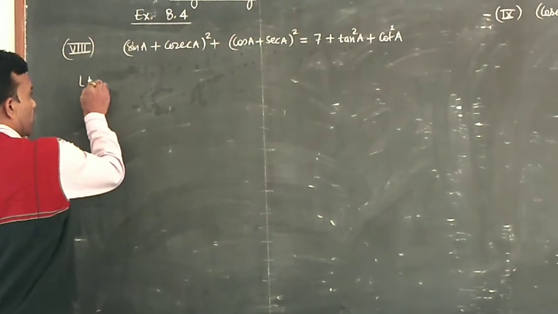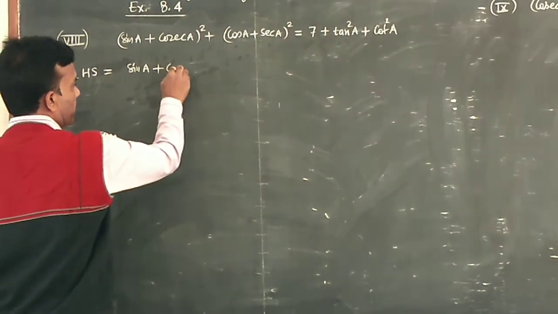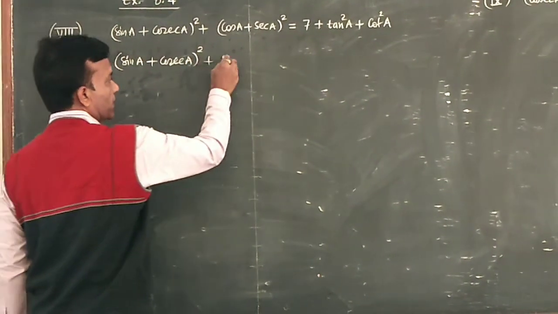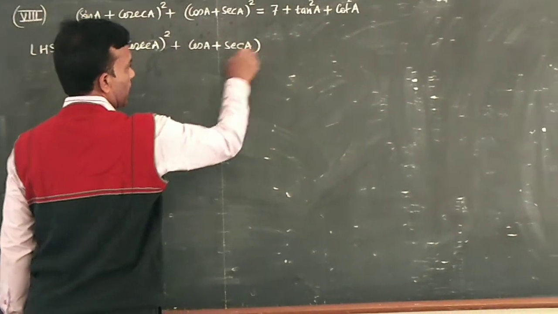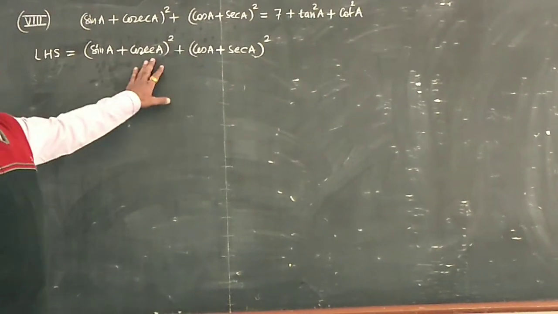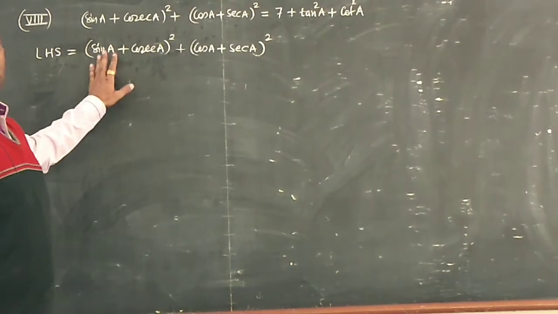Okay, so first you write down the left hand side, in which is given sin A plus cosec A whole square, cos A plus sec A whole square. One thing also you remember here, sin and cosec are together because the reciprocal of sin is cosec and the reciprocal of cosec is sin.